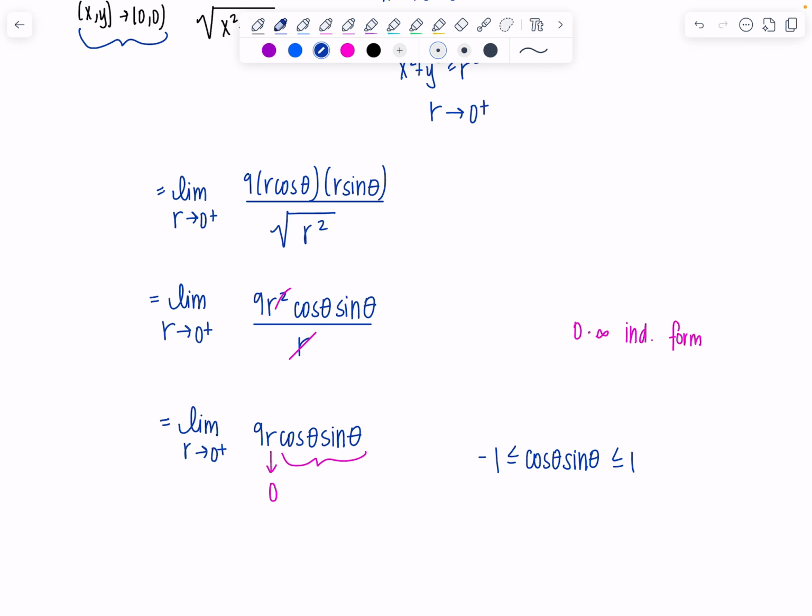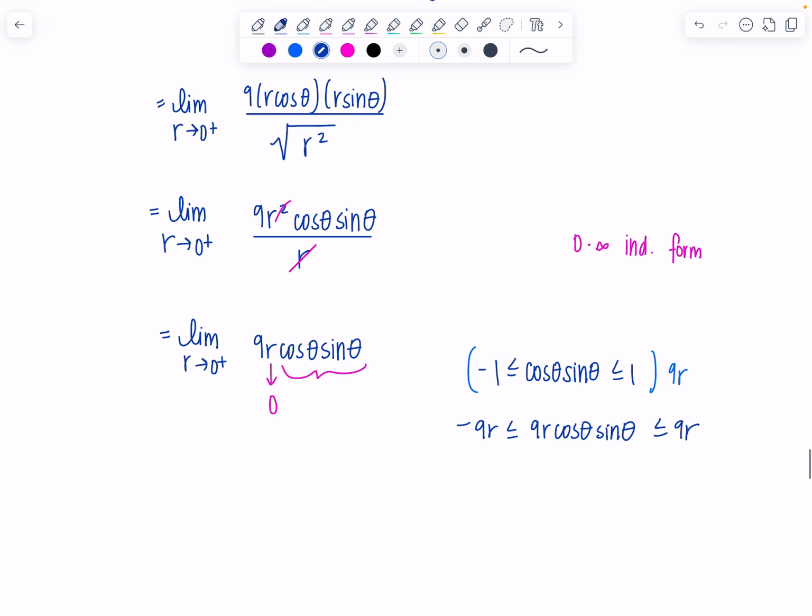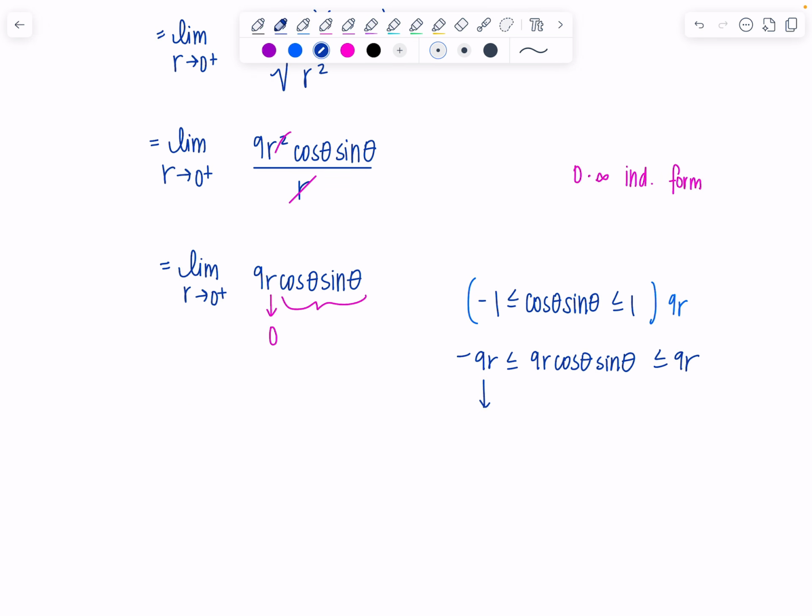So from here, remember when you're doing the squeeze theorem, you want this quantity that's bounded to match whatever you're trying to find the limit of. So I'm going to multiply everything by 9r. And since r is approaching 0 from the right, I know it's positive, so the direction of the inequality is preserved. So I have negative 9r is less than or equal to 9r cosine theta sine theta is less than or equal to 9r. And then from here, this is where the beauty of the squeeze theorem comes in.